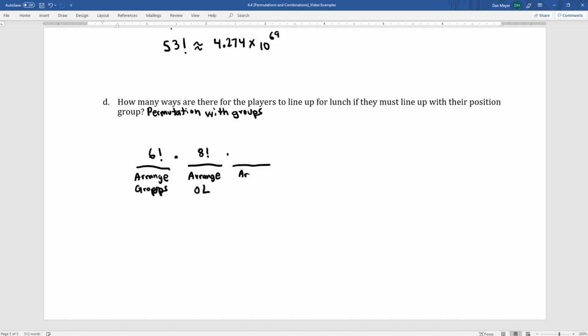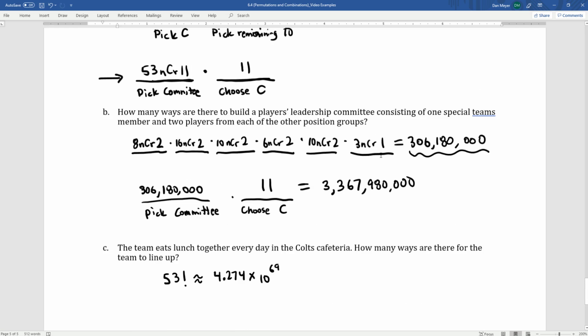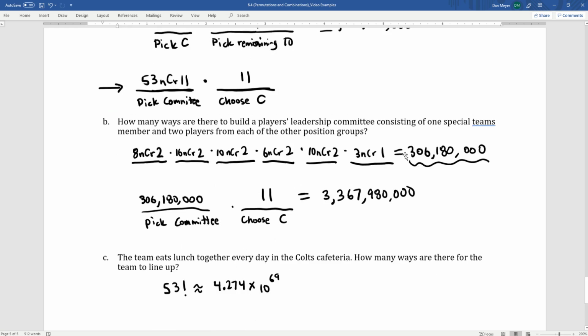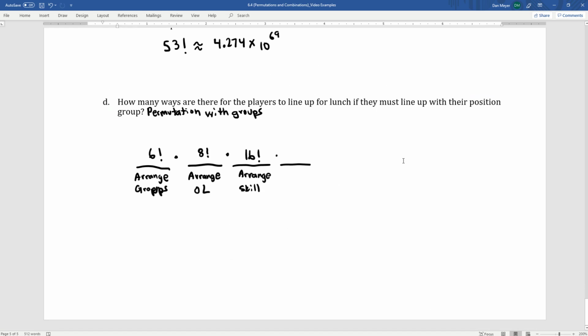And then we're going to arrange the skill players, again within their group. There were 16 skill players, and so 16 factorial ways to arrange them. Let's see, what's the next group? Defensive linemen. 10 defensive linemen, so there'd be 10 factorial ways to arrange them.